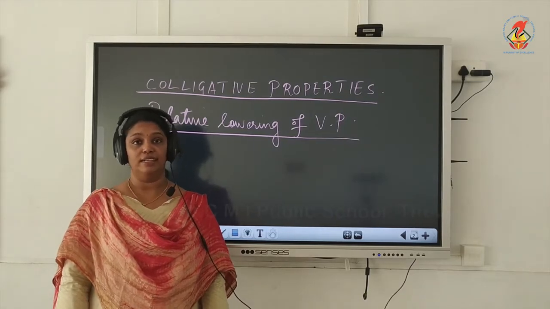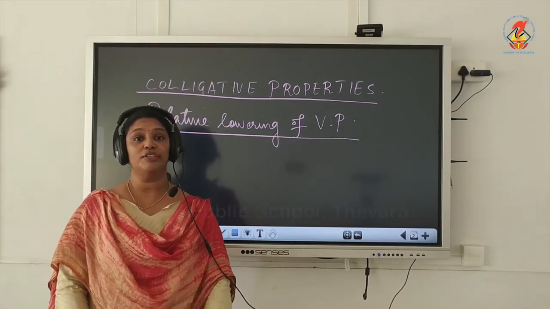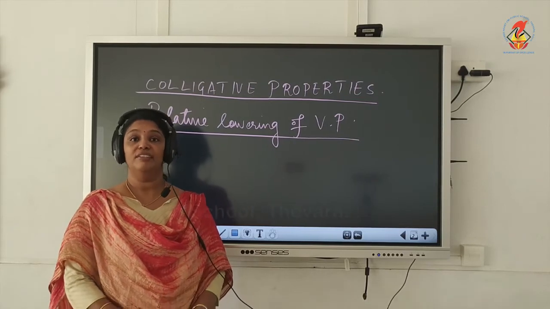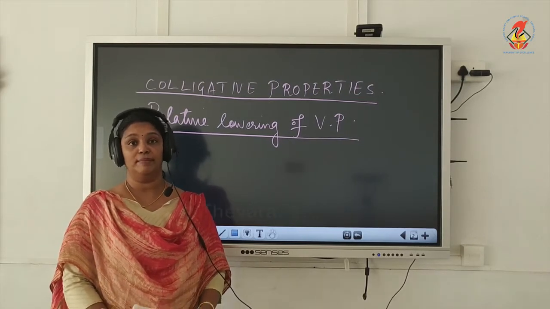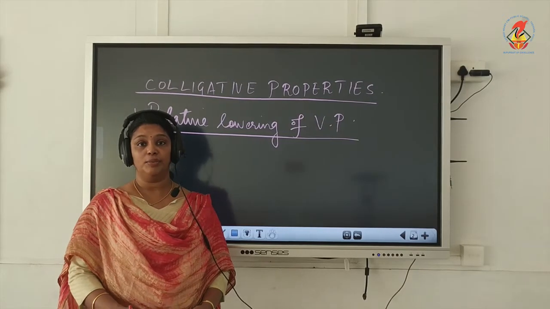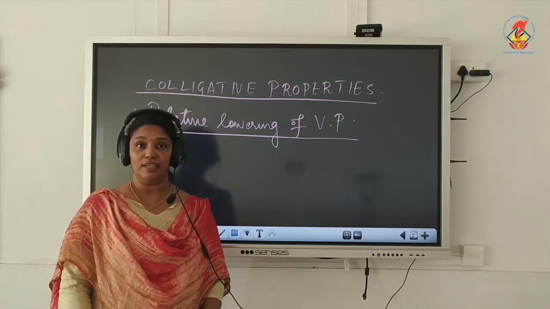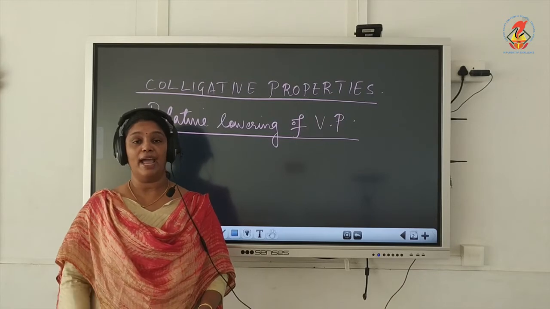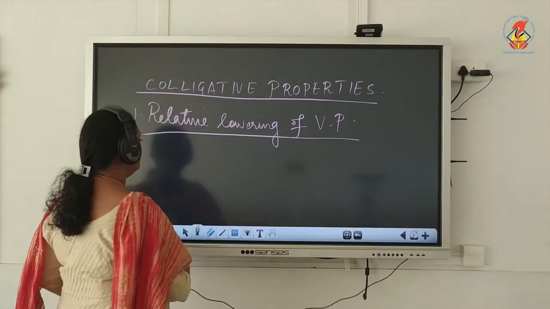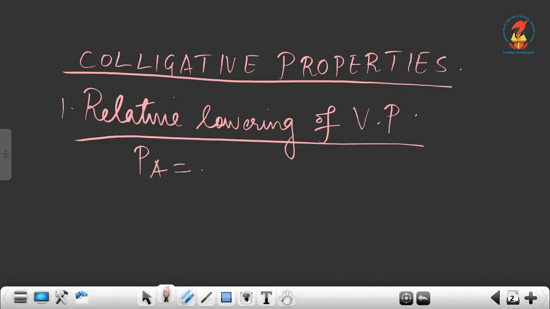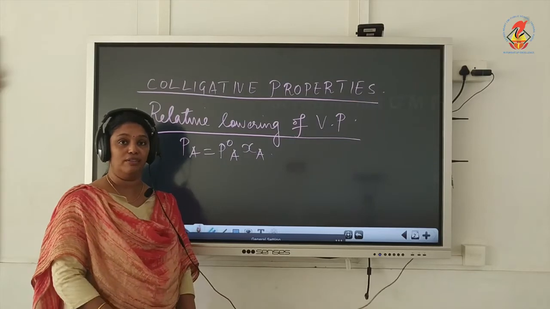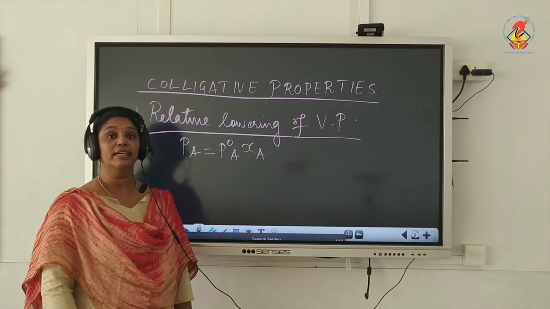Now, we are going to start the derivation. We know that the vapor pressure of a solution is lower than the vapor pressure of pure solvent. And the relation between vapor pressure of solution, vapor pressure of pure solvent and mole fraction, according to Raoult's law, is PA is equal to P naught A into XA. Now, when you add a non-volatile solute to the solvent, the vapor pressure of solution decreases.